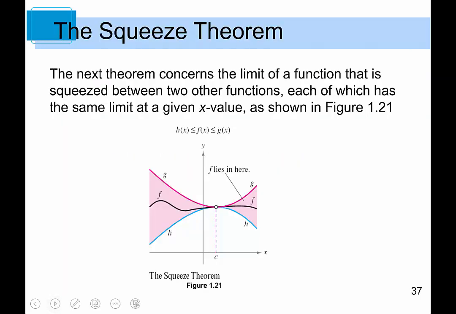The squeeze theorem. Okay, the next theorem concerns the limit of a function that is squeezed between two other functions, each of which has the same limit at a given x value. So we have a function g and a function h, and f is somewhere between these two. So this is like the setup for this particular squeeze theorem.